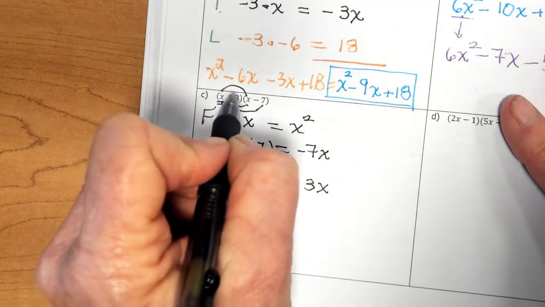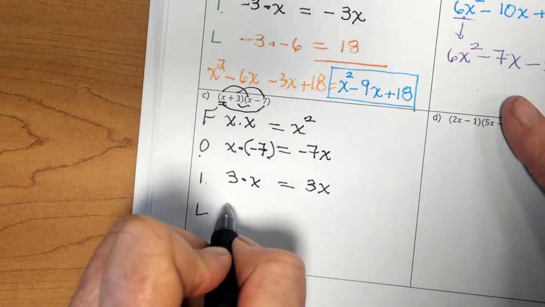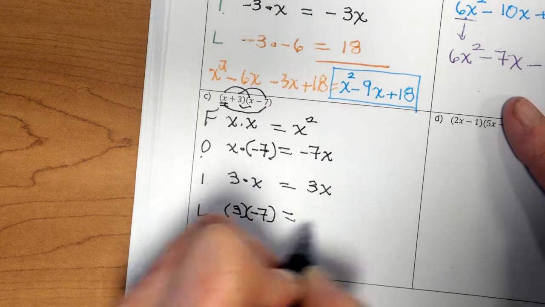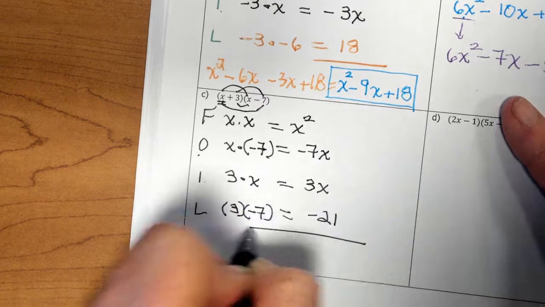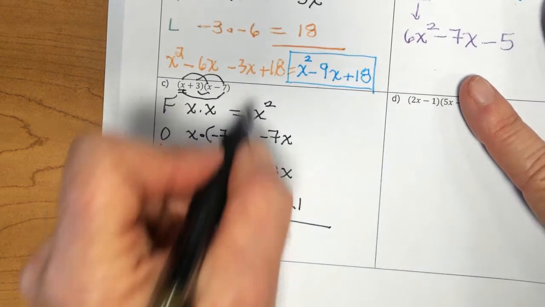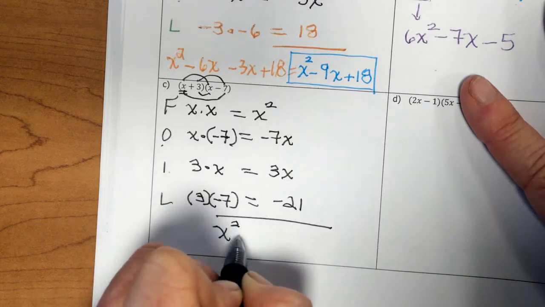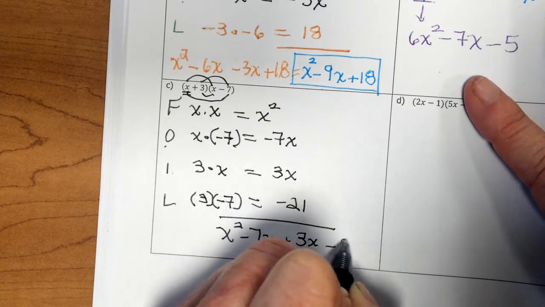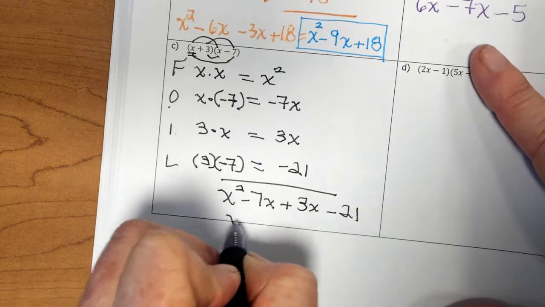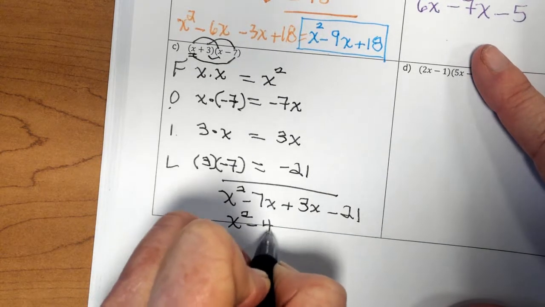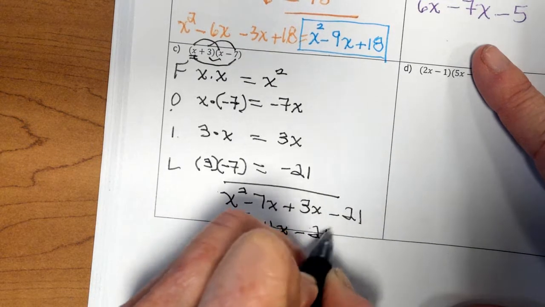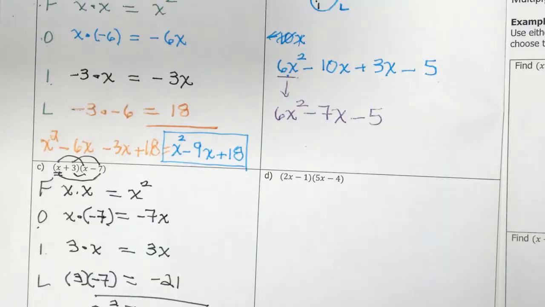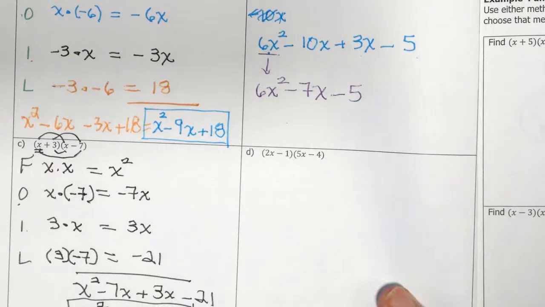And what are my last terms? 3 and negative 7. And 3 times negative 7 is negative 21. I'm going to add all those down. And what do I get? X squared minus 7X plus 3X minus 21. Therefore, I have X squared minus 4X minus 21. There you go.